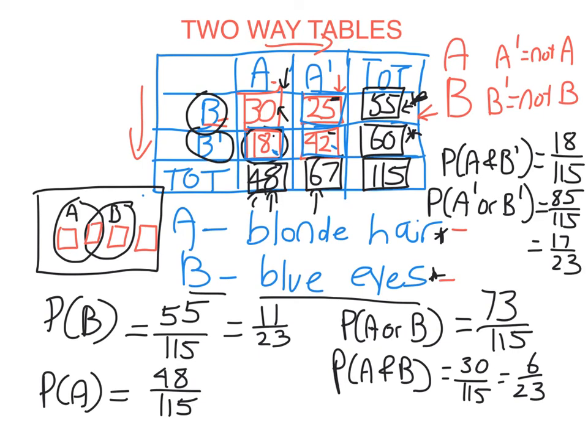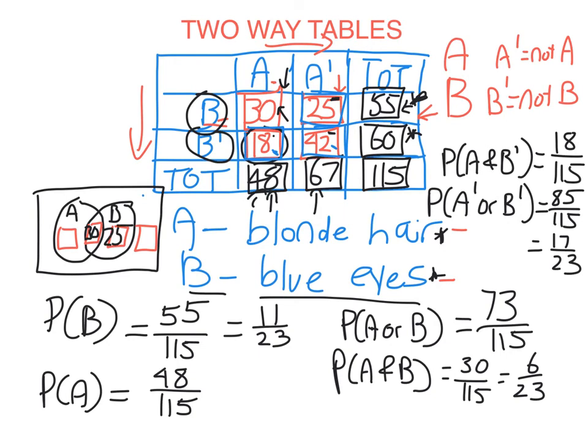So firstly, this middle number, the one that goes there, is A and B. So we look at our two-way table, that number is 30. There were 30 in A and also in B. This number here now is the number that were in B but not A, which is this cell here. So that number is 25.